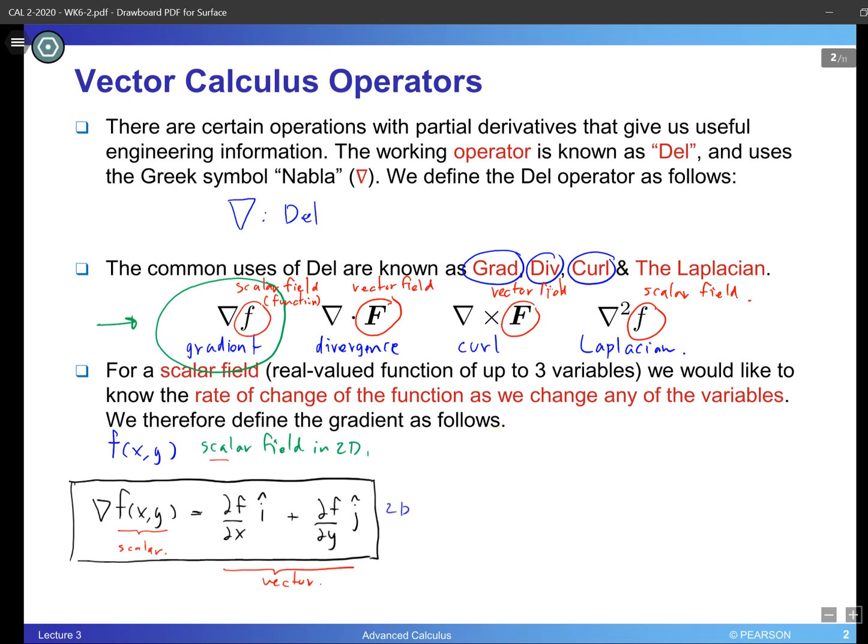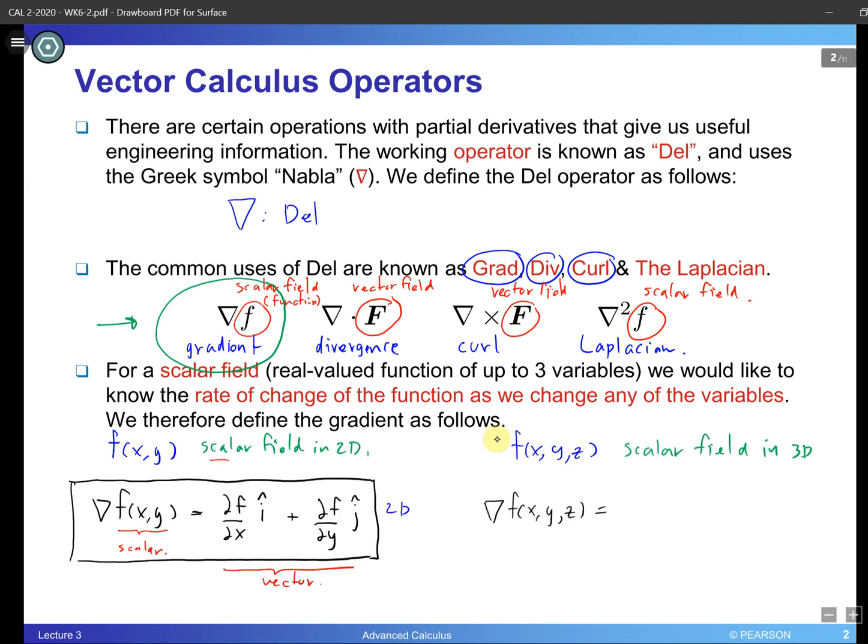Now, that is for the 2D version. Of course, we are going to have another version for three-dimensional space where we have f of x, y, and z. So what we have right here is going to be a scalar field in 3D. And as you might have guessed, the formula is going to be quite similar. It's going to be del of f, this time of x, y, and z.